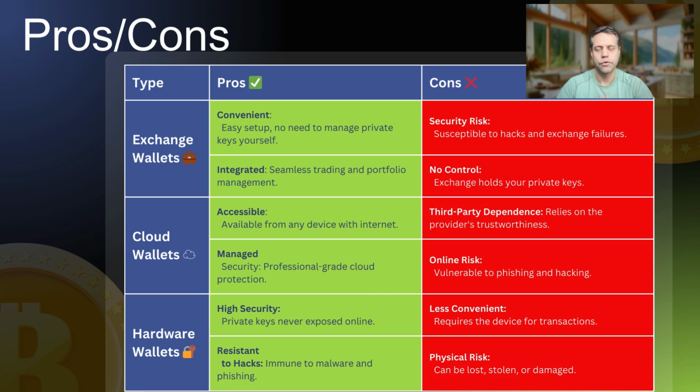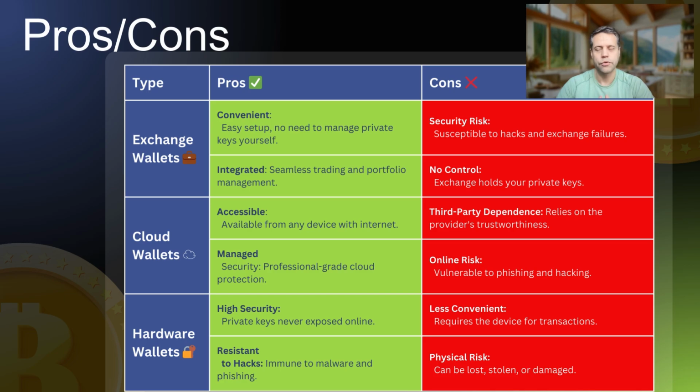But at the same time, if it's a very popular cloud wallet, it becomes a target, a prey for hackers to steal those private keys. And what are the cons? You're dependent on that third party, and you have to trust them. And there is online risk because the private keys are stored somewhere online, which means there may be an attack executed to steal those private keys.